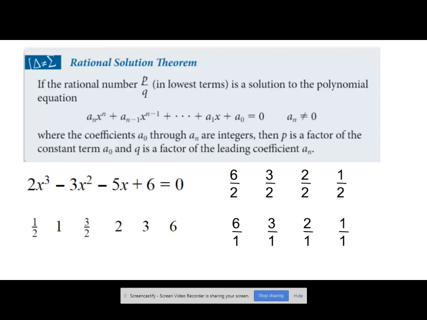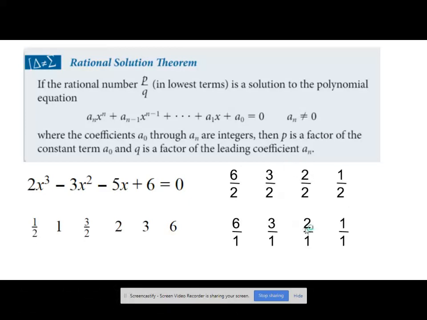However, there's another piece to this. So we have narrowed down these 8 down to 6 possible answers, and there's only 3 of them that are the actual answers. But 6 could be 3 times 2. It could also be -3 times -2.